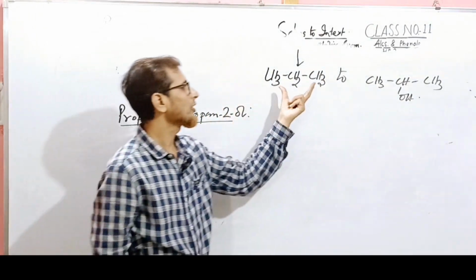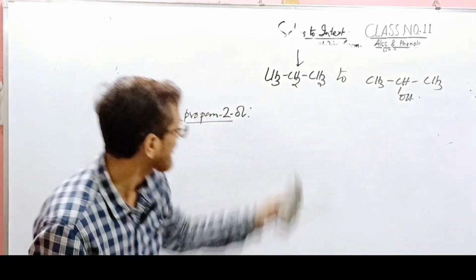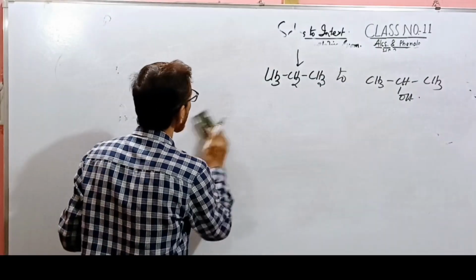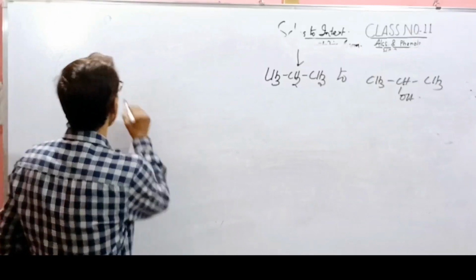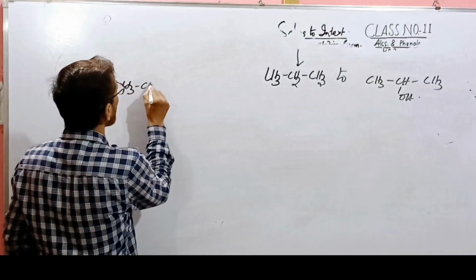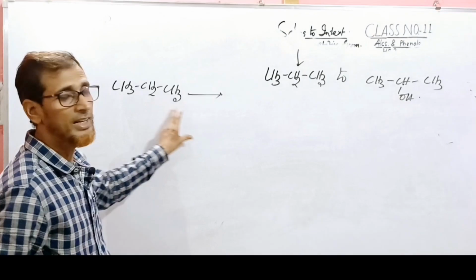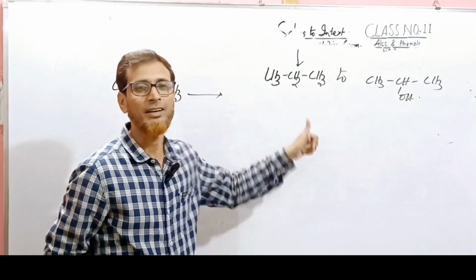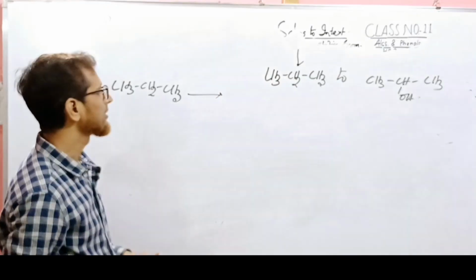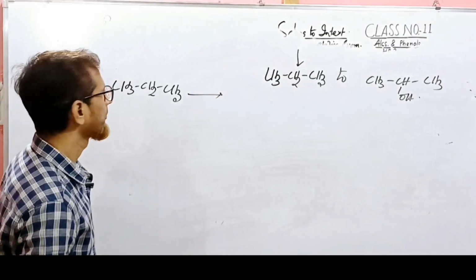So by this or that way, we will first try to make it a bit reactive by converting it. Alkane generally does not react, so whenever you get an alkane in chemistry, it is made into an alkyl halide.